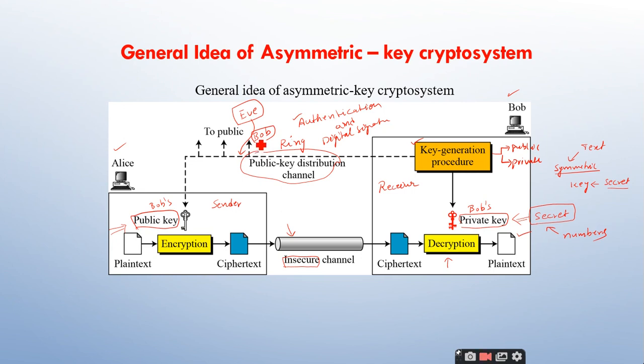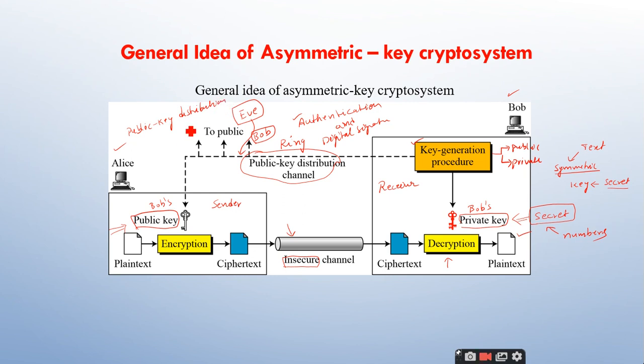Right? So Eve is a third party unauthorized user. She tries to advertise her public key to the community by pretending that this key is Bob's public key. This should not happen, and this is successfully achieved in asymmetric key cryptography, which we are going to discuss under the section called public key distribution.